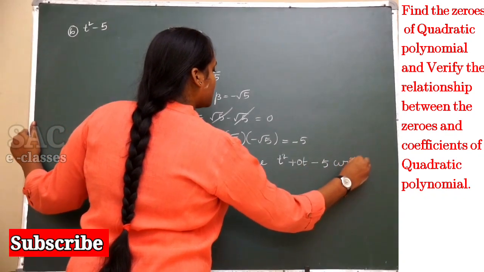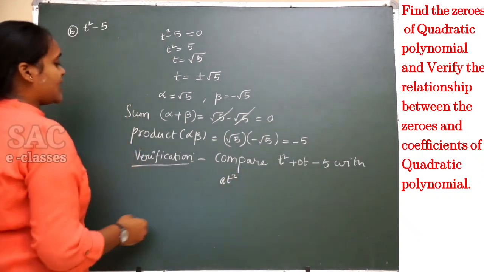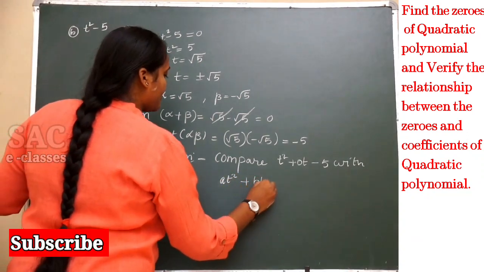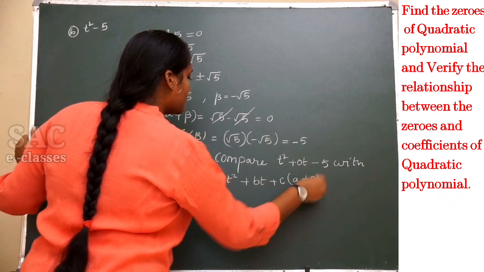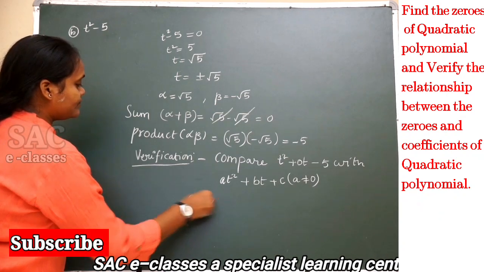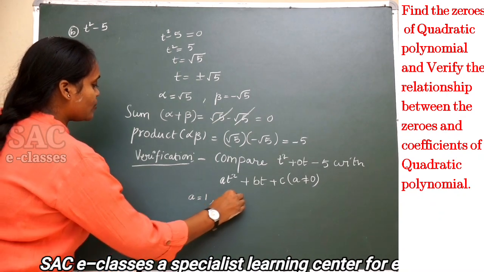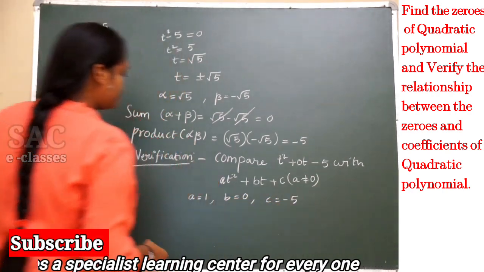Now the general form is in terms of t, so I am writing at square plus bt plus c, where a is not equal to 0. Now write the terms: the t square coefficient is 1, the linear coefficient is 0, the constant is minus 5.